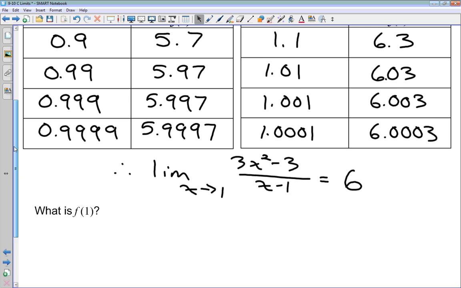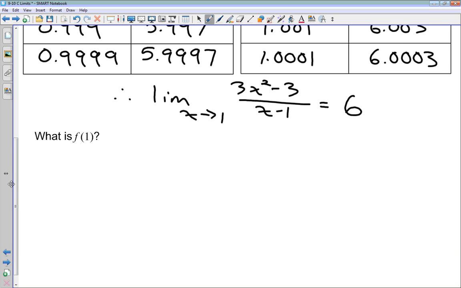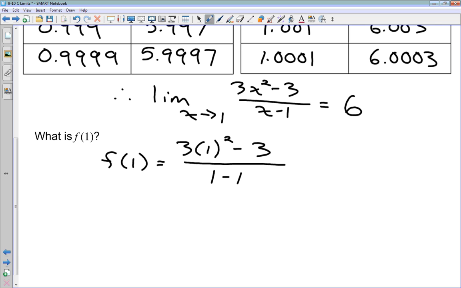What happens when we do that? f of 1 would be 3 times 1 squared minus 3, all over 1 minus 1. What do we get up in our numerator, Liam? What do we get down in our denominator?